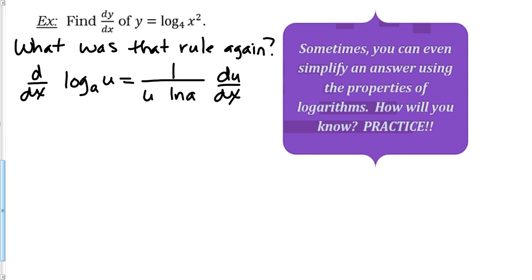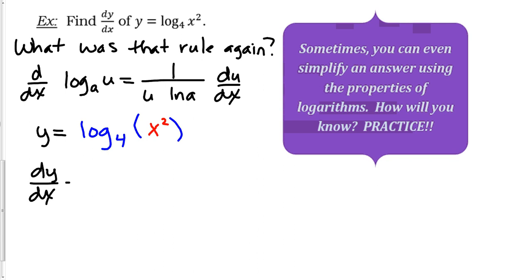So I'm going to rewrite with my colors so I know what my inside and my outside is. My outside is the log base 4, and my inside is x squared. So taking this derivative is going to be 1 over u, which my u is x squared, times the natural log of a, so the natural log of 4, and again that's part of my derivative of my outside.